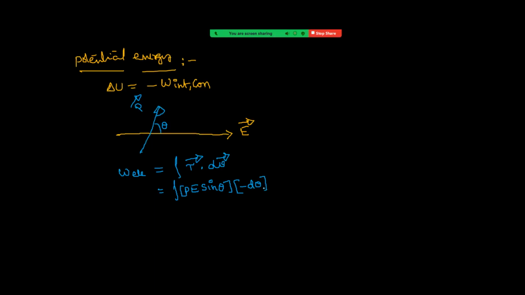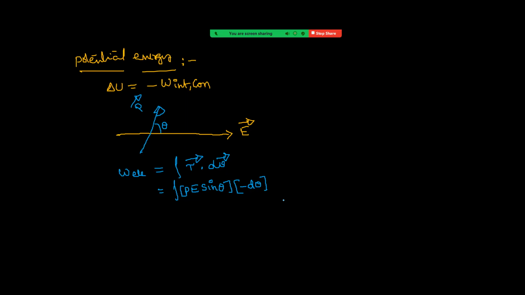Because theta 2 minus theta 1 is negative, since it is rotating clockwise and the theta value is decreasing. So final value minus initial value is negative, d theta itself is negative, and negative of negative is positive. Therefore the angular displacement is clockwise and the torque is also clockwise.